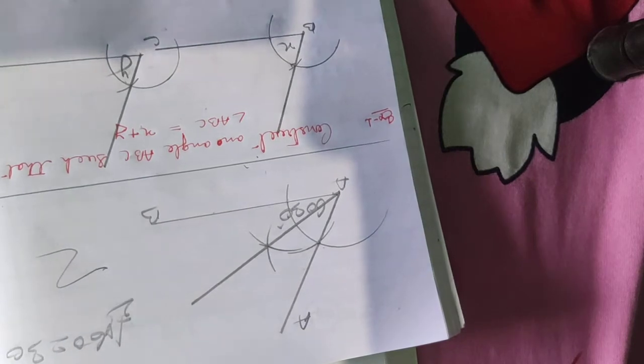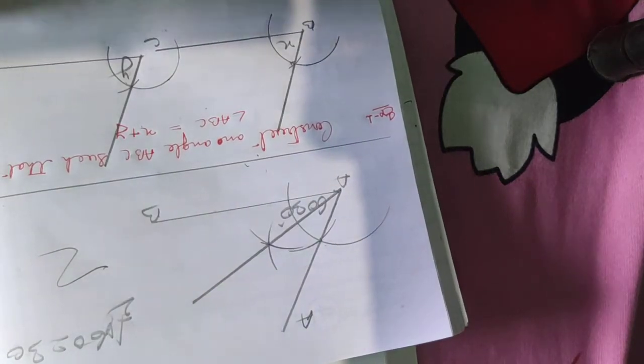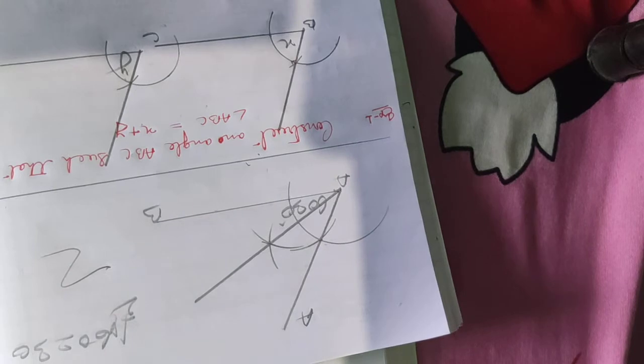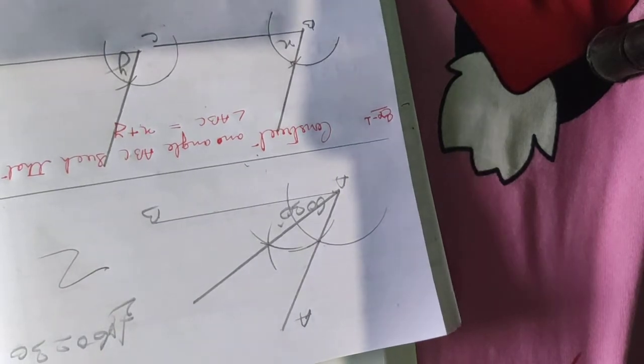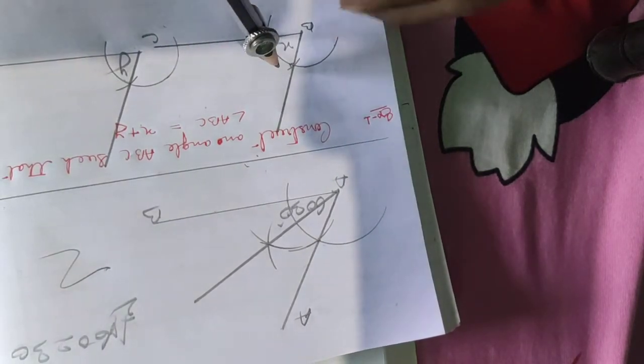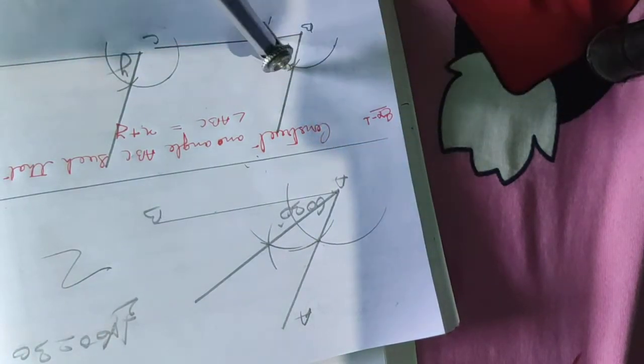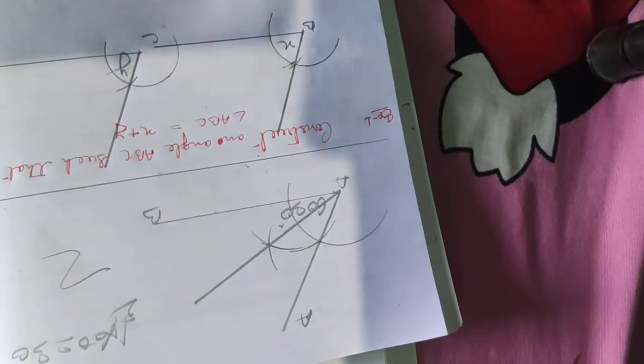Now draw one more line segment, 6 centimeter BC, okay. Then draw an arc, measure first X, like this.